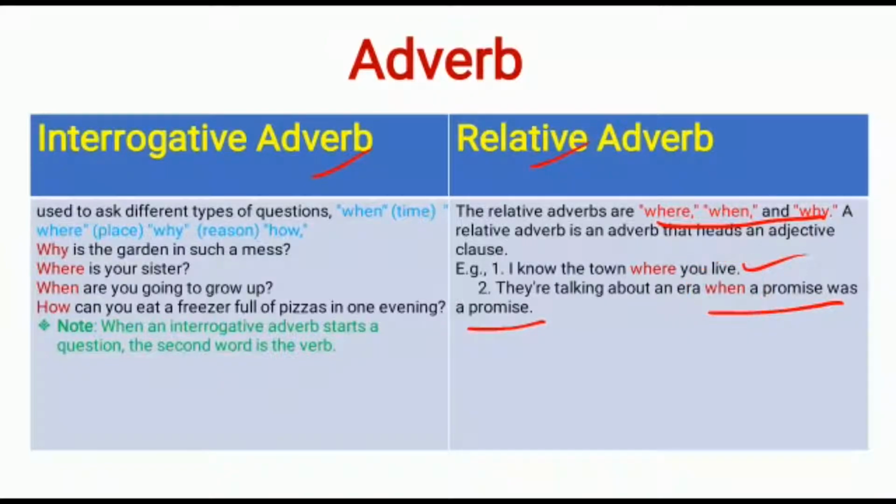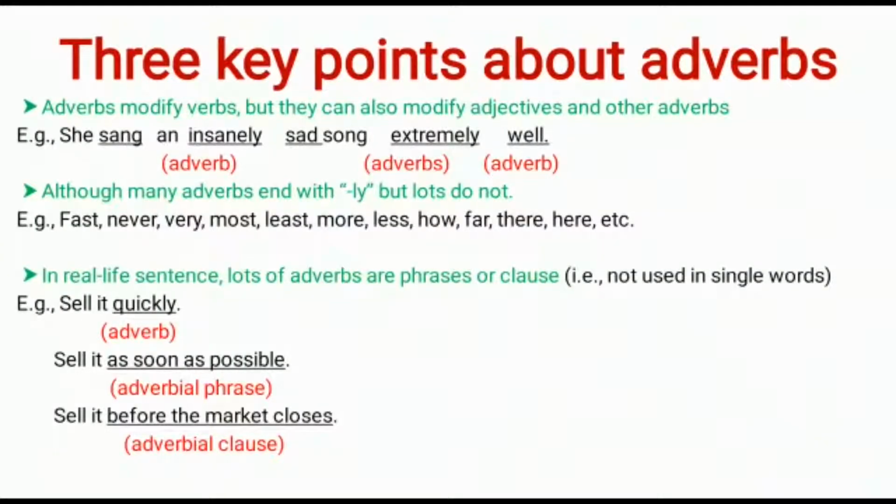So I hope you have understood adverbs in detail. Let's check the 3 important points which we have learnt about adverbs. Adverbs modify verbs, but they also modify adjectives and other adverbs.